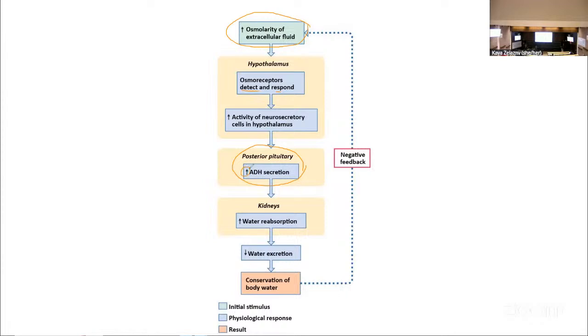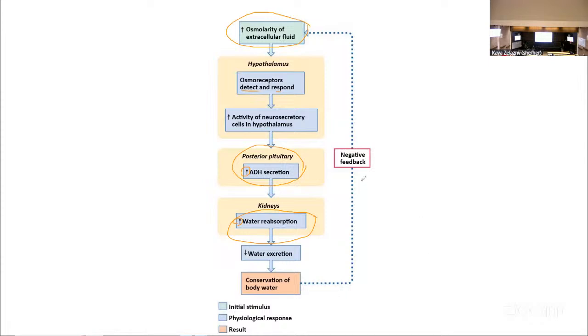And then that ADH is going to go tell the late distal tubule and the collecting duct to insert all those extra aquaporin 2s into the apical membrane so that we can reabsorb a bunch of water. We reabsorbed it, so we're not going to excrete it out. So that water excretion goes down, meaning that we're going to conserve any water you're drinking or producing metabolically.